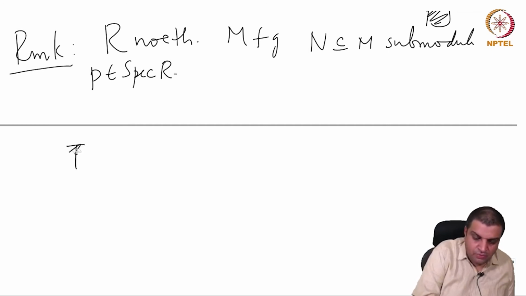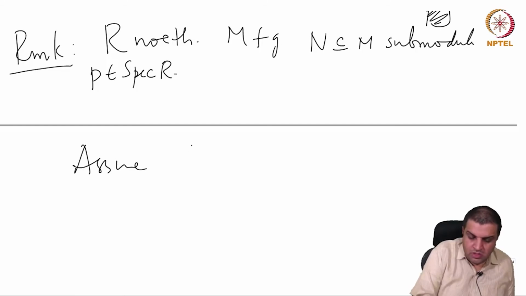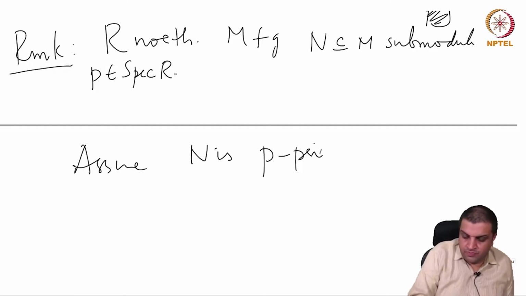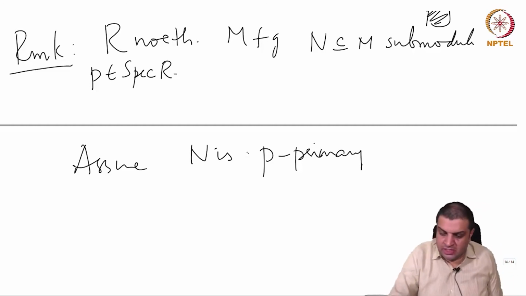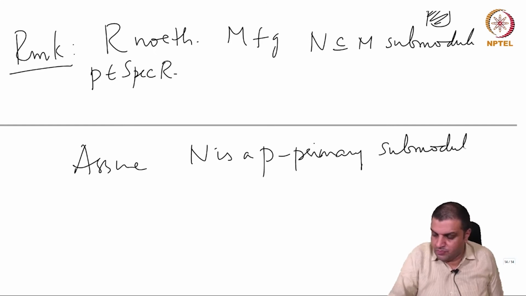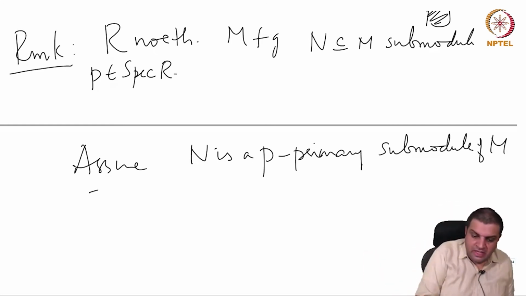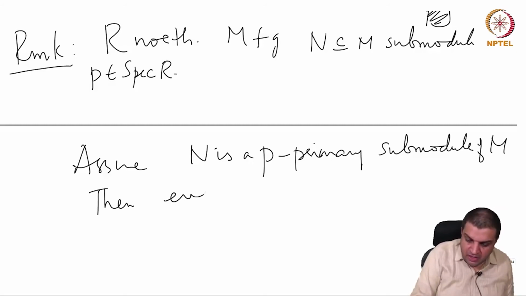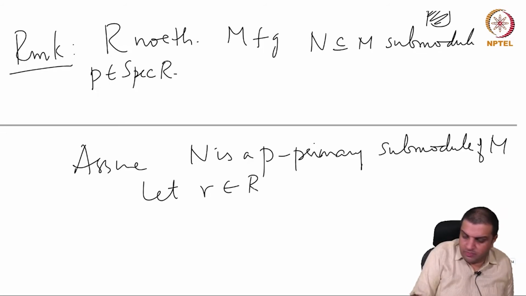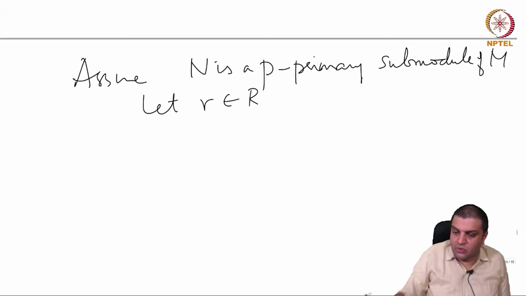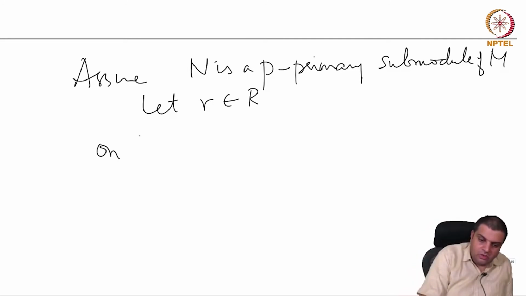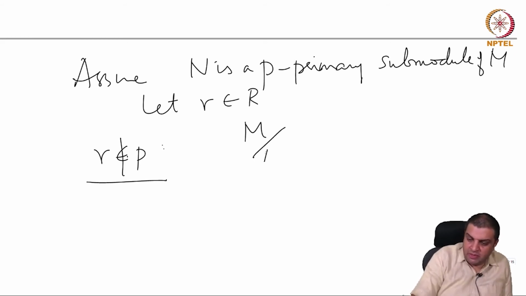Assume that N is P primary as a submodule of M. Then every element r of R can act only in two different ways on M mod N. If r is not in P, then the map M mod N to M mod N is injective.